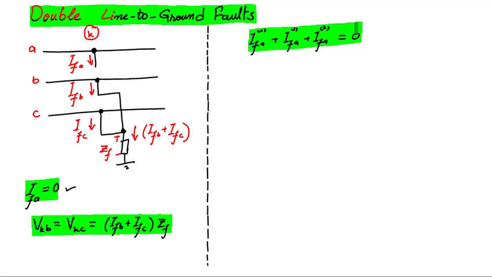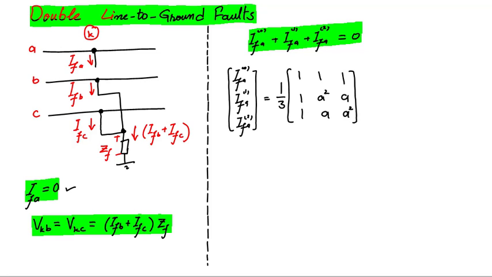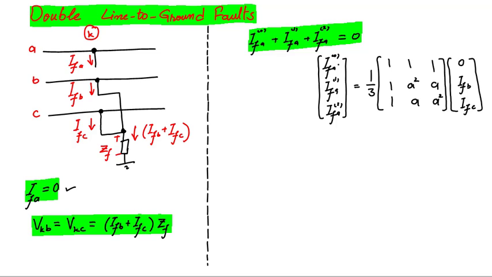Further, if we write the matrix equation to convert the phasor currents into the sequence components of the current, we can see here the three sequence components of the fault current are equal to matrix A inverse times the phasor current vector, where current IA is equal to 0, and IFB and IFC are given over here.